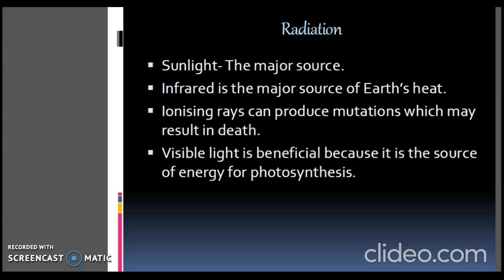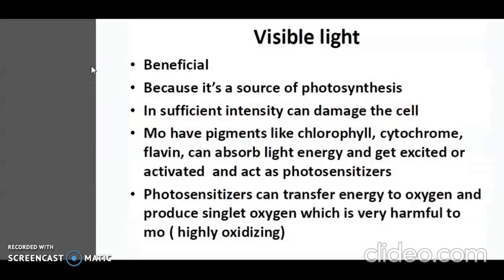The visible light is beneficial because it is the source of energy for photosynthesis. Microorganisms have pigments like chlorophyll, cytochrome, flavin, and can absorb light energy and get excited or activated, and they can act as photosensitizers. And these photosensitizers can transfer energy to oxygen and produce singlet oxygen, which is very harmful to microorganisms.